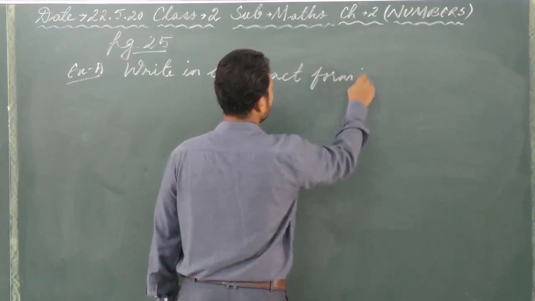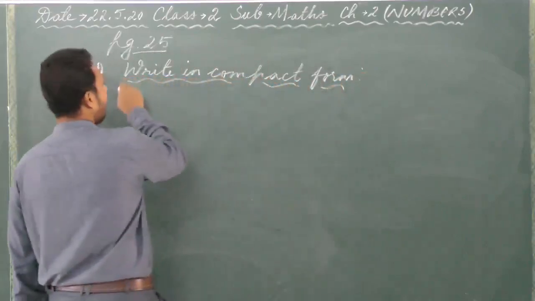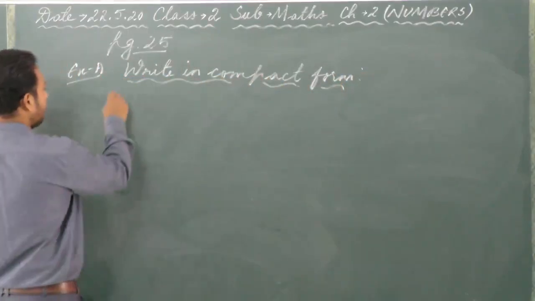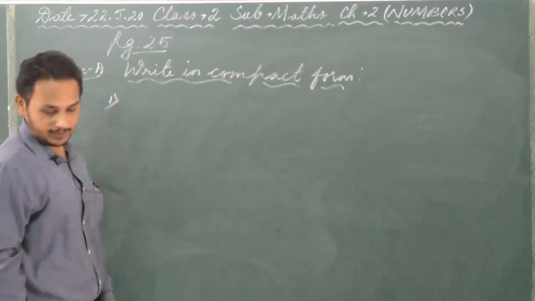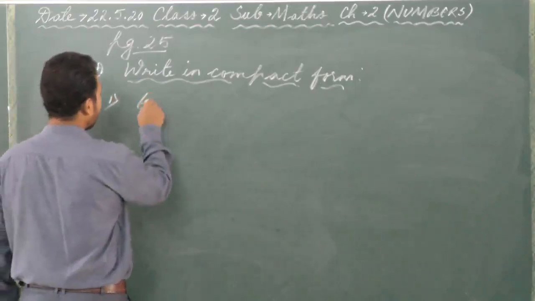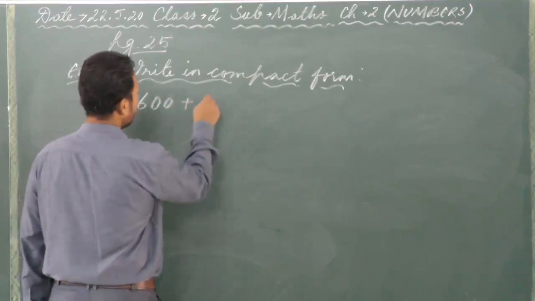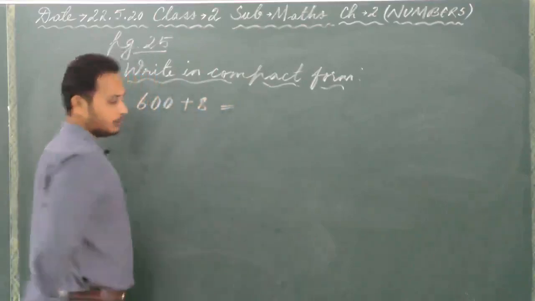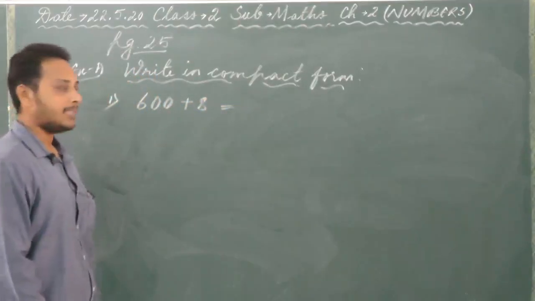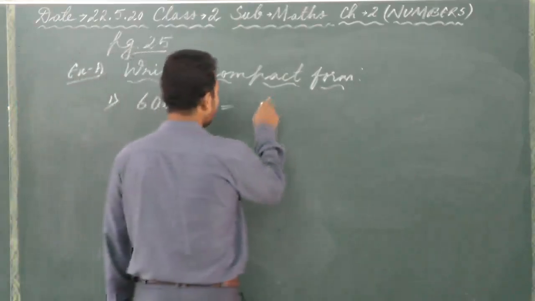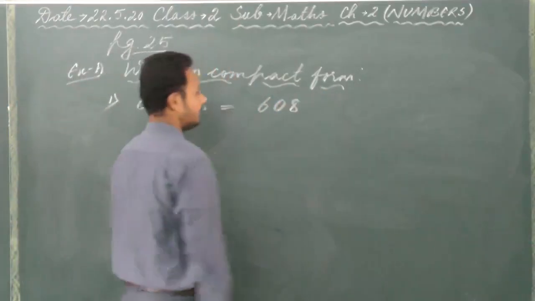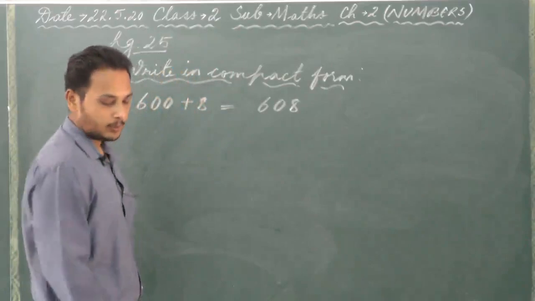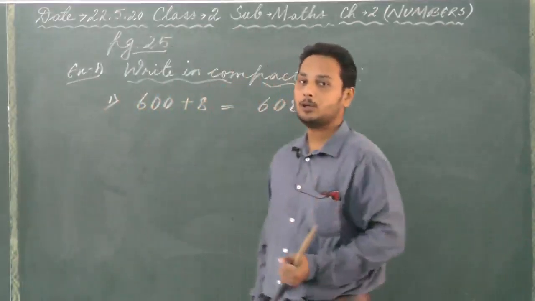The numbers that are given, you have to write them in compact form. Like see the first example over there, that is 600 plus 8. So what will be the answer here? 608.